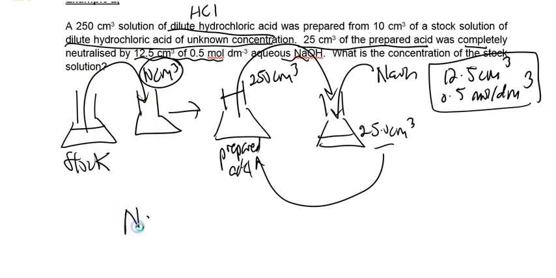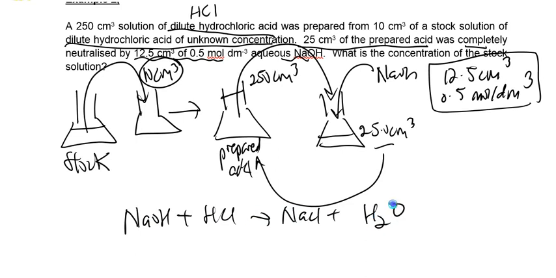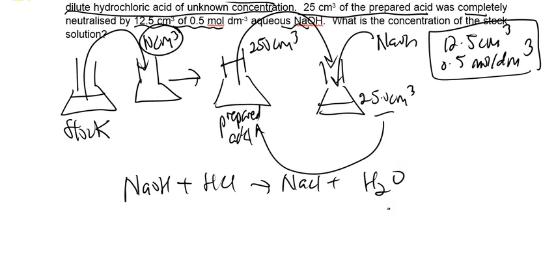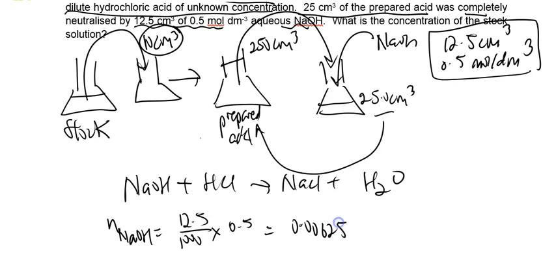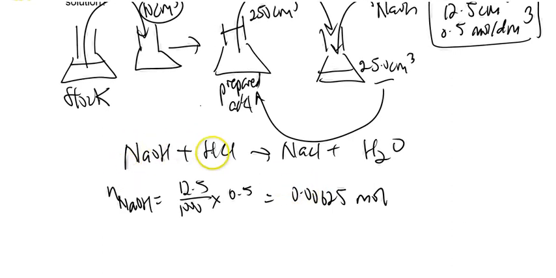So step 1, write the equation. NaOH plus HCl gives me NaCl plus H2O. Okay, we know that the number of moles of NaOH used is equal to the volume multiplied by the concentration. Okay, this gives me 0.00625 moles of sodium hydroxide. Okay, and this is 1:1.